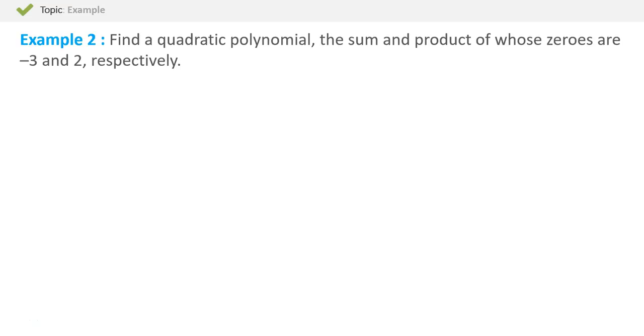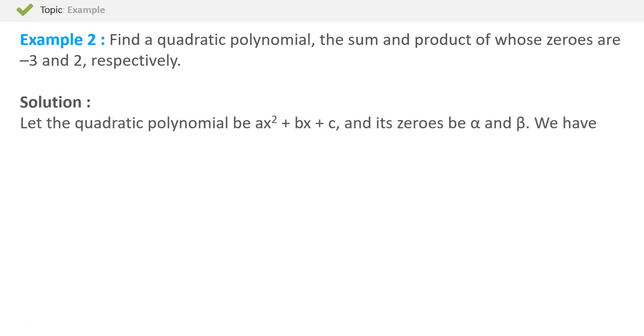Now let's take another example where we want to find a quadratic polynomial where the sum and product of zeros are minus 3 and 2. Now let's consider the polynomial as ax square plus bx plus c, and its zeros are alpha and beta.